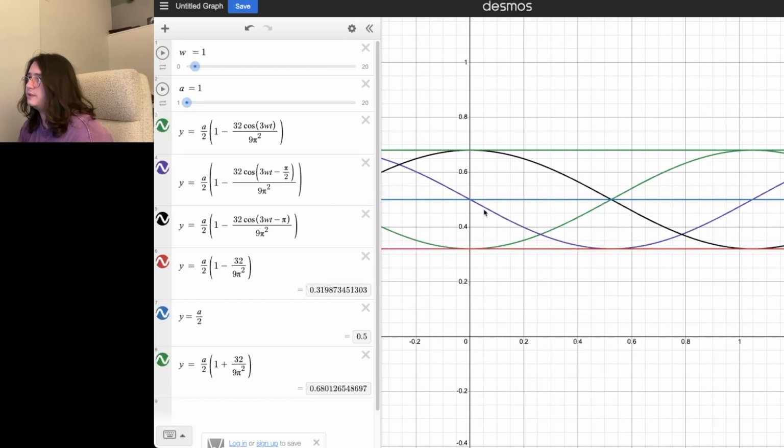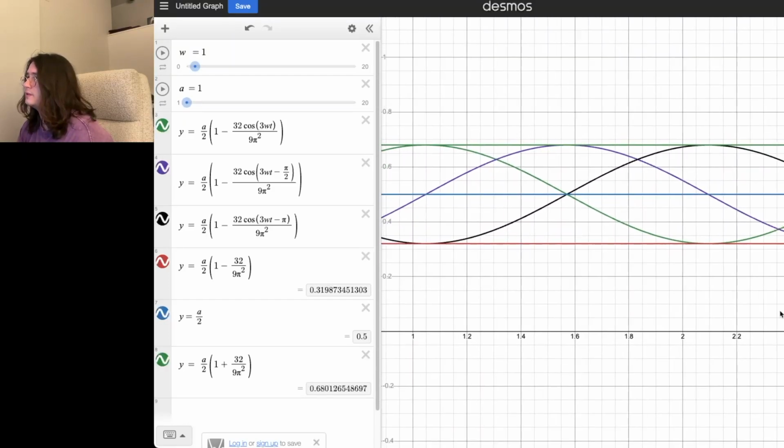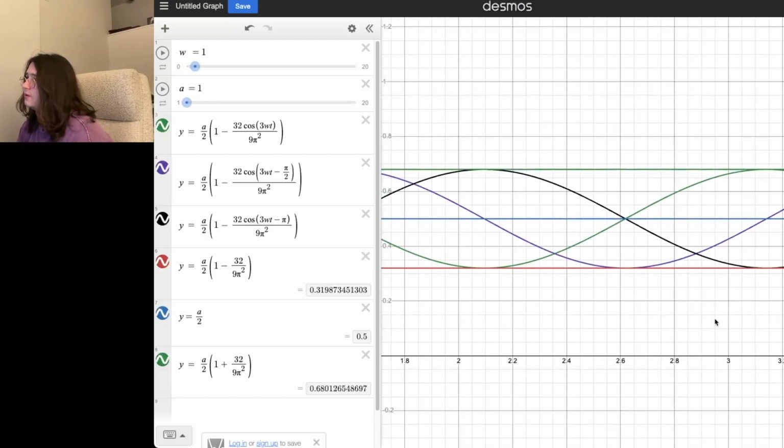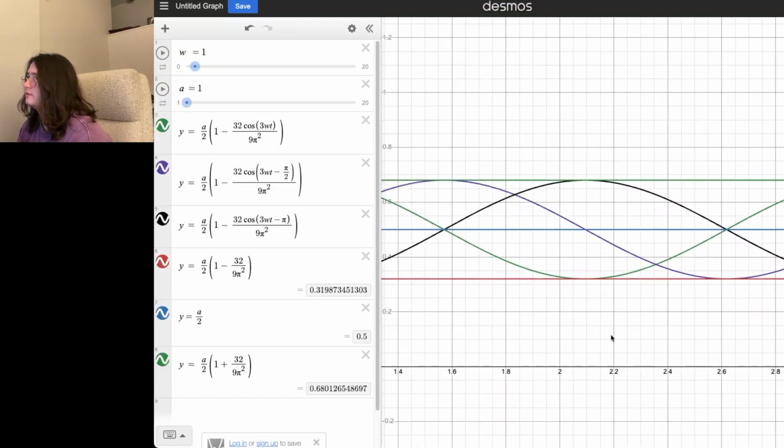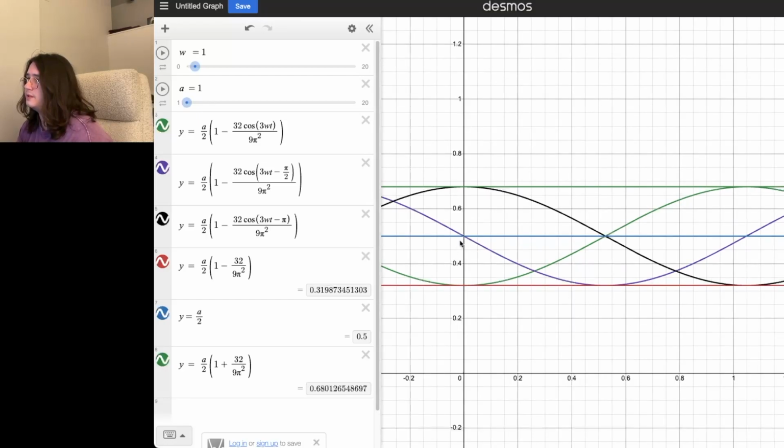And you can see, given these, the amplitudes are all the same. These are all reaching the same maximum and minimum values. The frequencies are all the same. They're all oscillating with the same frequency. But they all cross the y-axis at different points.